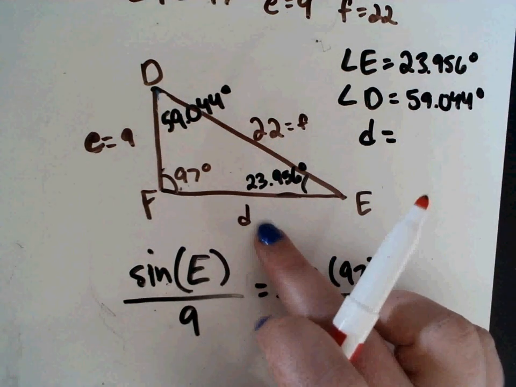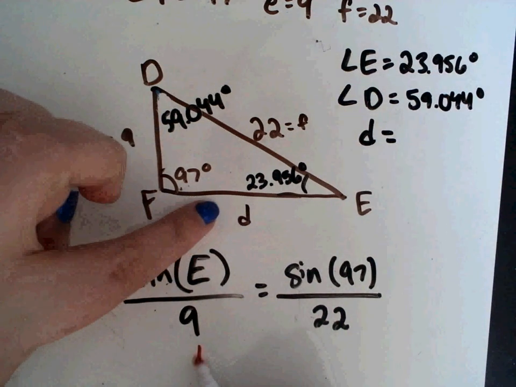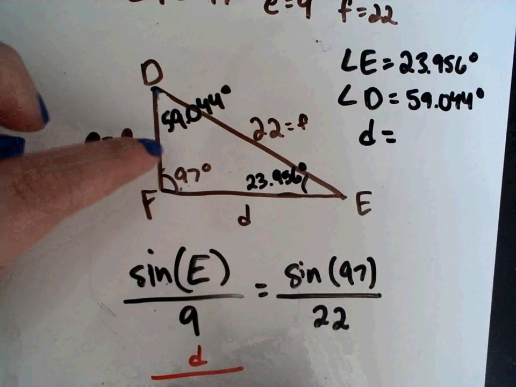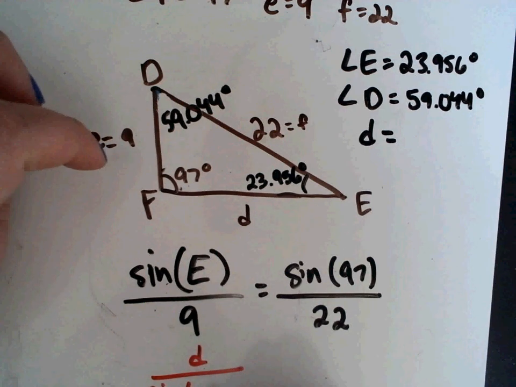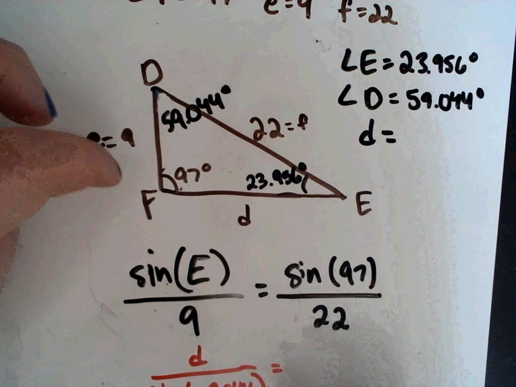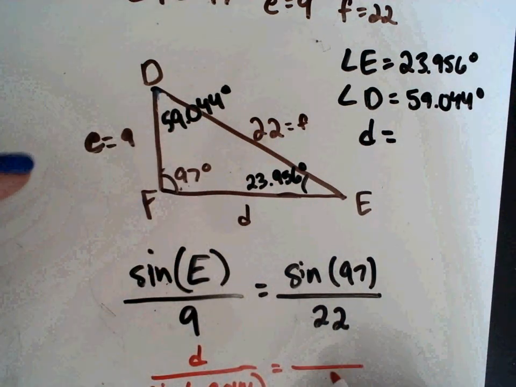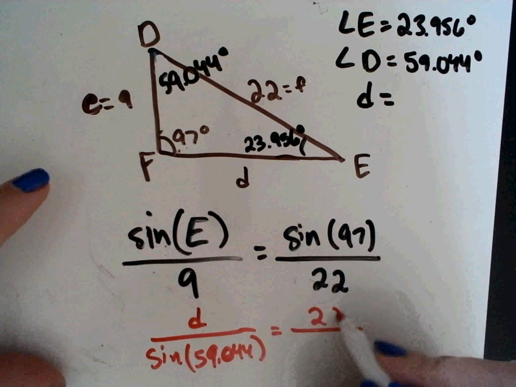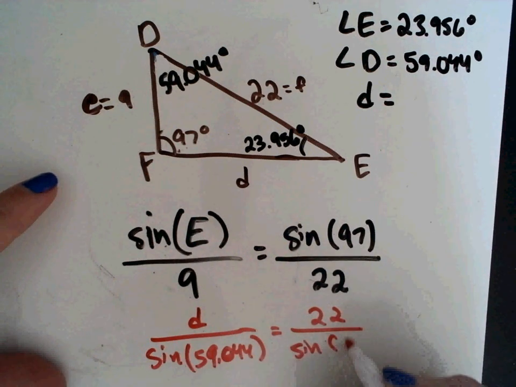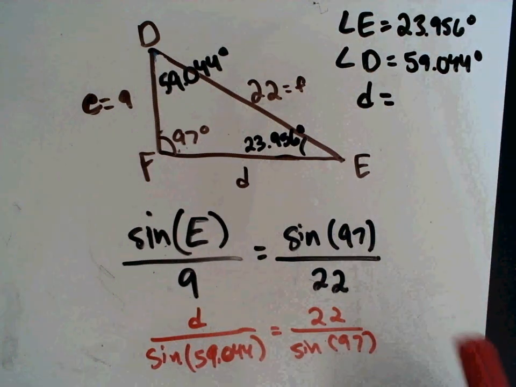We want a side length, and we've got its angle, so we're going to use the angle and side pair, but this time we start with the side length on top, because that's the variable I want, divided by sine of 59.044, equals side on top, 22, divided by sine of the angle, 97.